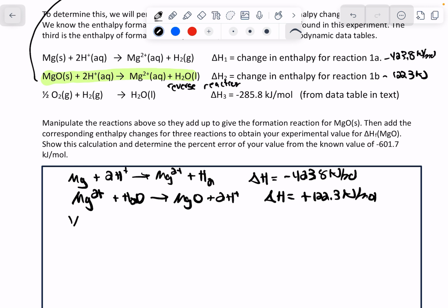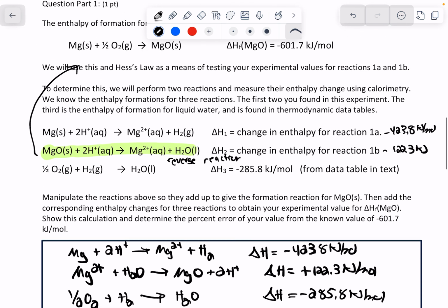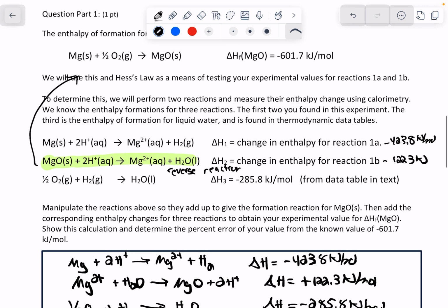And then 1/2 O2 plus H2 goes to H2O, this delta H is negative 285.8 kilojoules per mole.